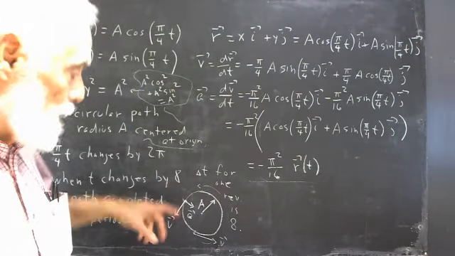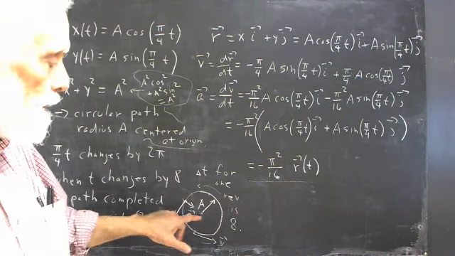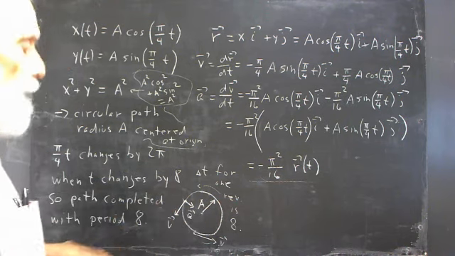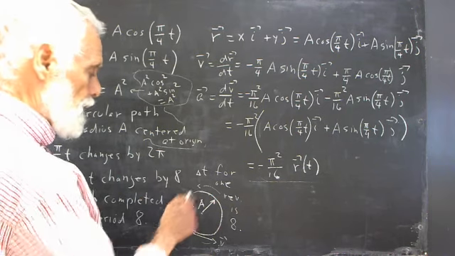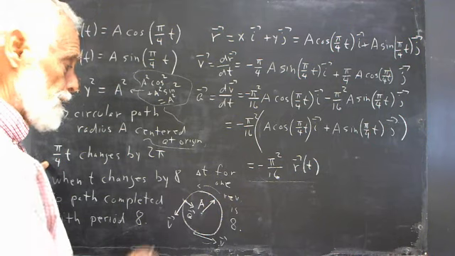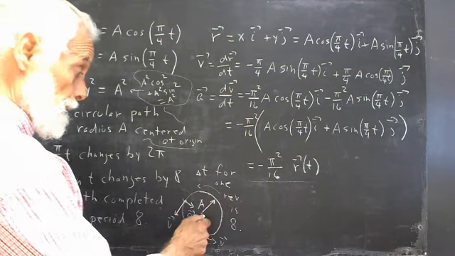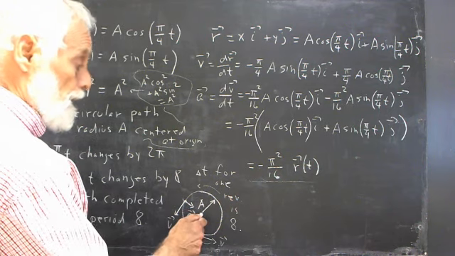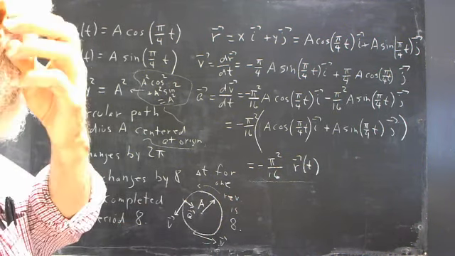Another thing we see is that the velocity vector is perpendicular to the r vector. We know that because the r vector goes from the center to the circle, and the velocity vector is tangent to the circle, so we have a simple geometric argument. A tangent to a circle is always perpendicular to a radial line, and the r vector is a radial line, or constitutes a radial vector at least.